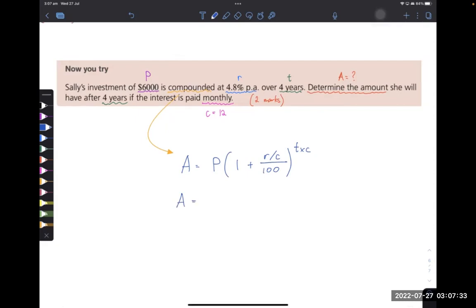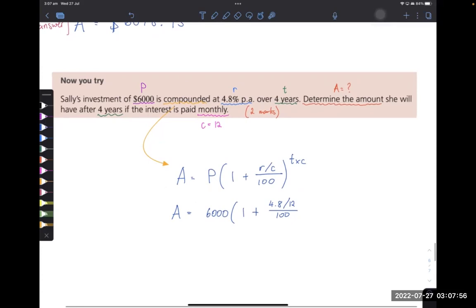We're going to replace the letters now with the numbers. In other words, we're going to substitute. So I've got 6,000 bracket 1 plus, our R is 4.8 over our C, which is 12. Got to divide that by 100. So notice there, this section here, divided by 100.